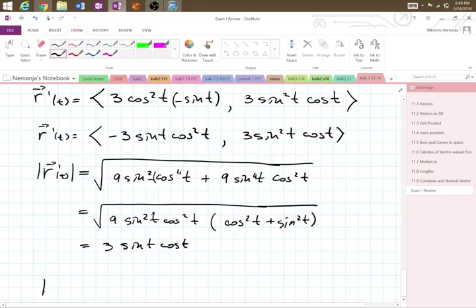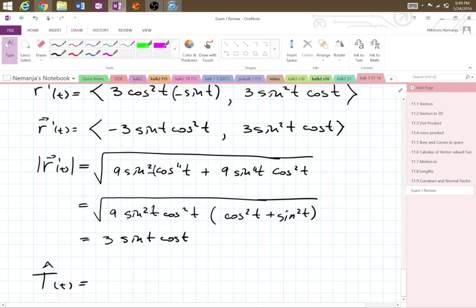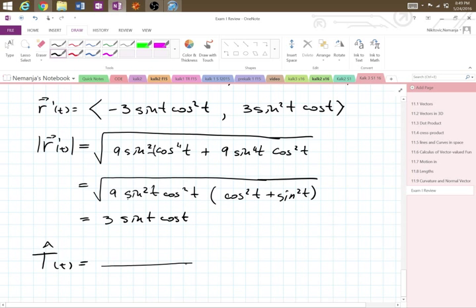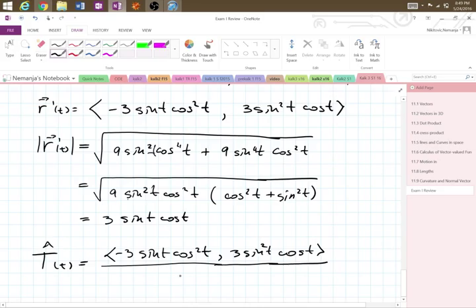So what's the unit tangent vector? It is r prime over its magnitude: negative 3 sine t cosine squared t, comma, 3 sine squared t cosine t, divided by the magnitude 3 sine t cosine t.